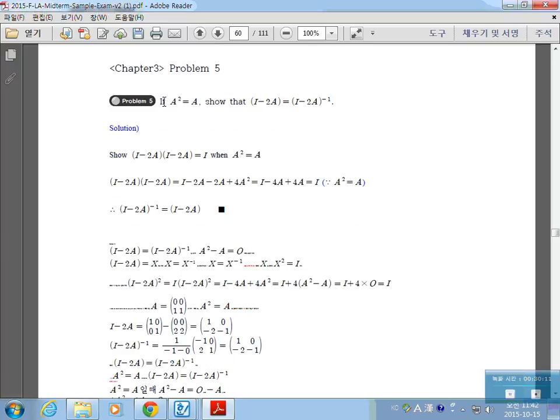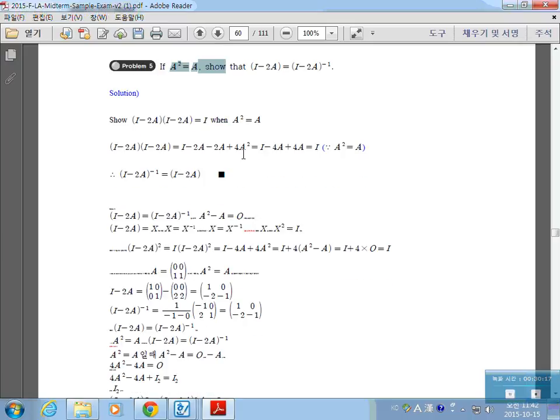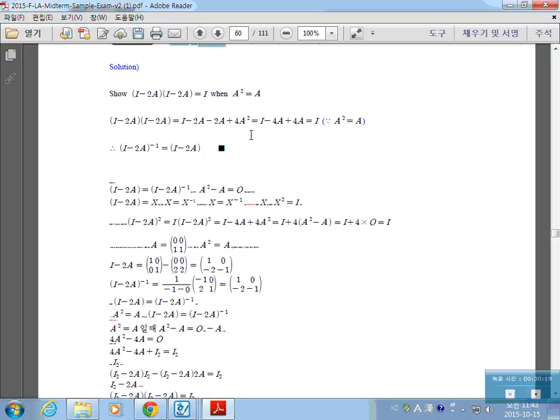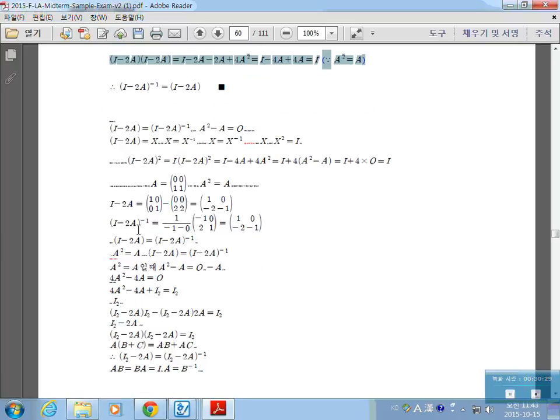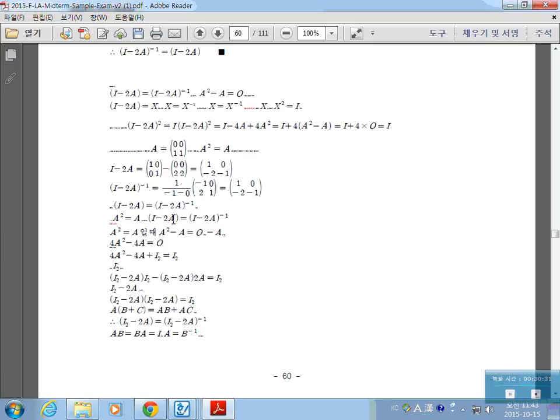And you can show this if A square is equal to A. In this way, in two lines actually. But at first, many of you showed it in several different ways, which has more than 10 or 15 lines, which is not quite good.